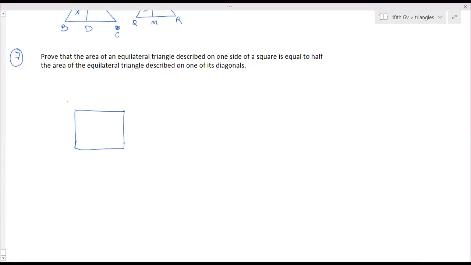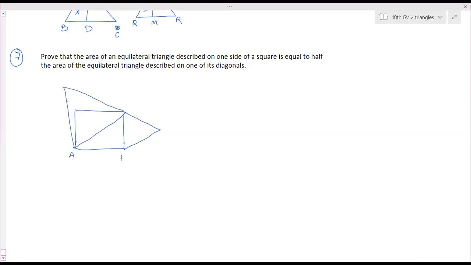One equilateral triangle is drawn on the side. That means the side of the square is equal to the side of this equilateral triangle. All the sides are equal. This is the diagonal. Another triangle is present on the diagonal. That means the diagonal is one of the sides of that triangle.